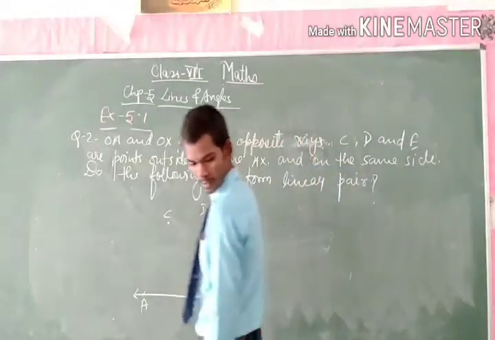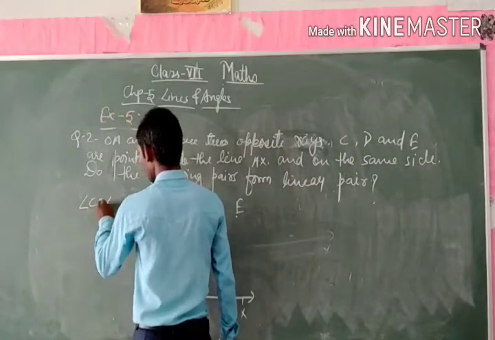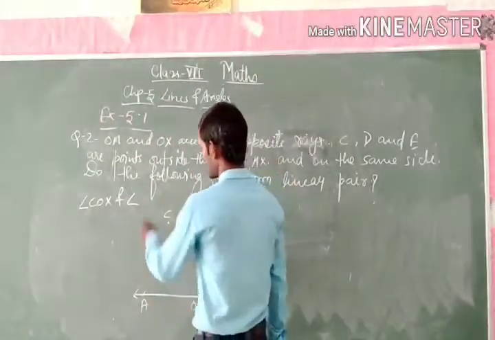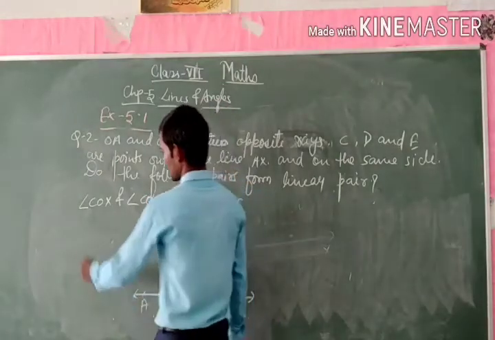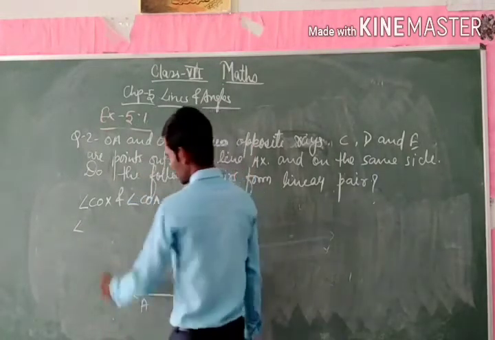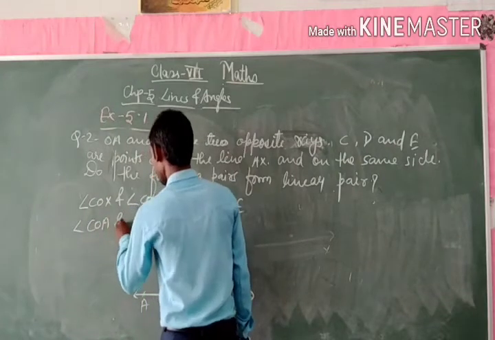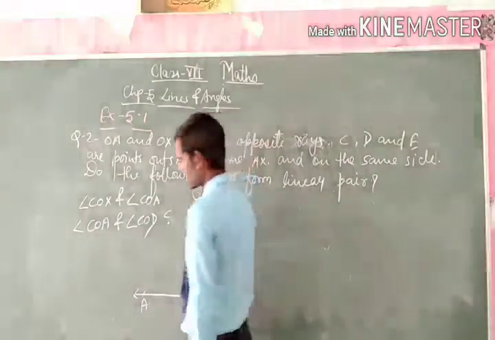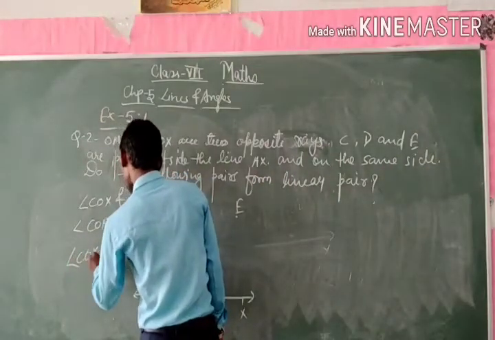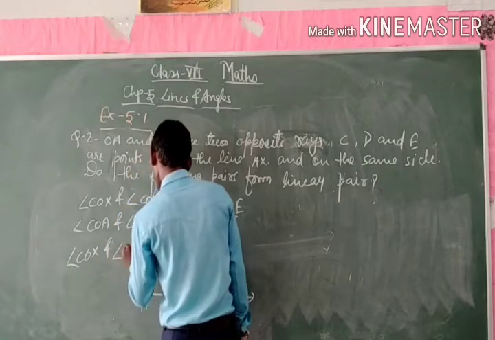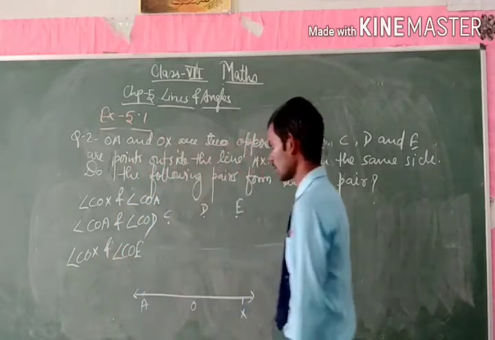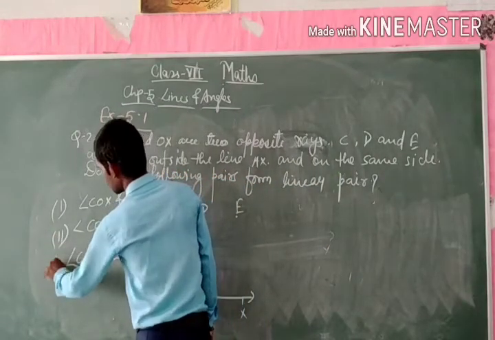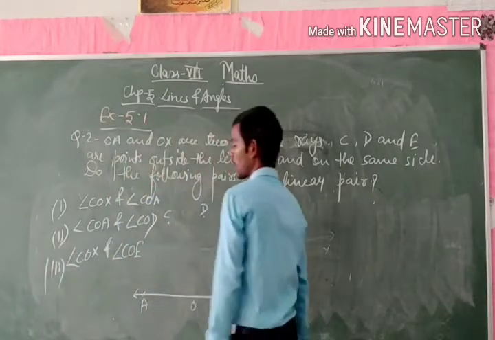Which are the pairs? Angle COA and angle COX, angle COA and angle COD, and the last, angle COX and angle COE. These are the three pairs given, and here we have to verify whether these pairs form a linear pair or not.